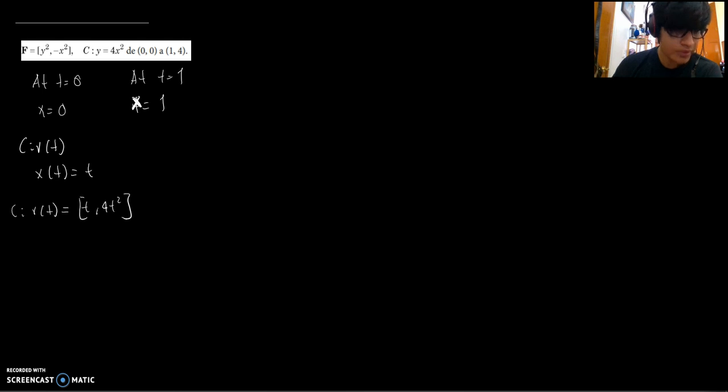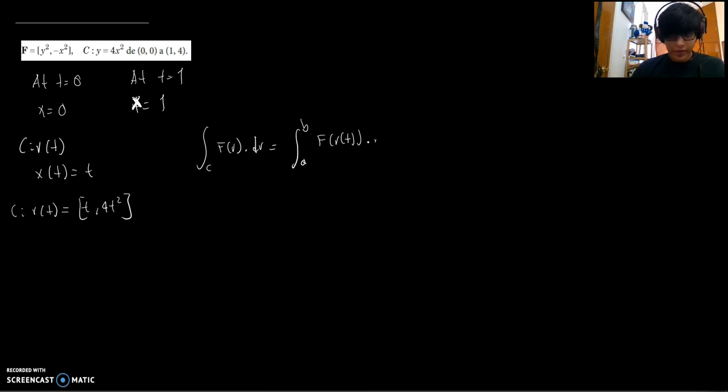As x is equal to t and the equation is given as this, it's easy to obtain this new parametric representation of the curve. Now we know that the line integral is defined as this, but another representation of the line integral is as follows: the integral of f evaluated at r of t, dot product with the derivative of the parametric representation with respect to time.